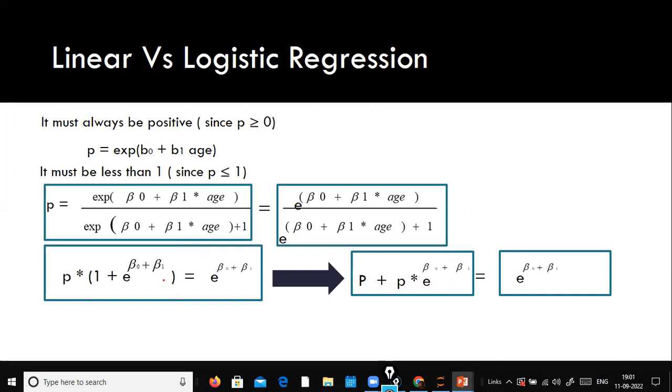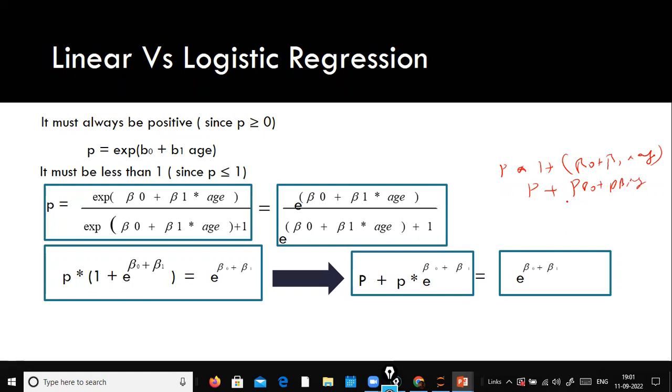Okay, if you see here, in this case, if you take this to the right side, what will happen? P into 1 plus beta naught plus beta 1 into x. And P into 1 is P, plus P beta naught plus P beta 1 into x, right?